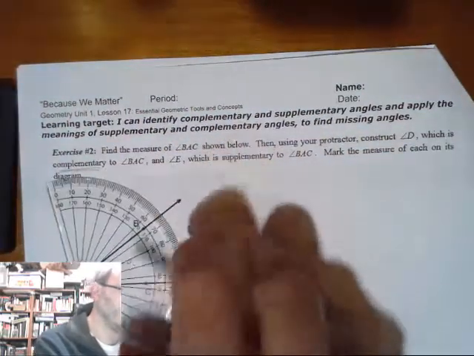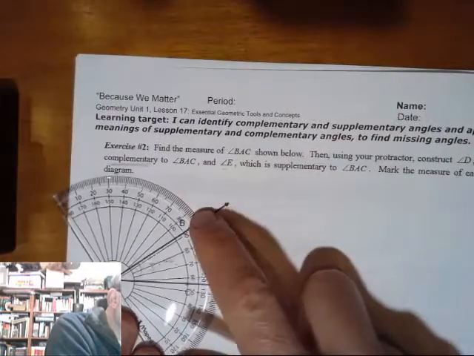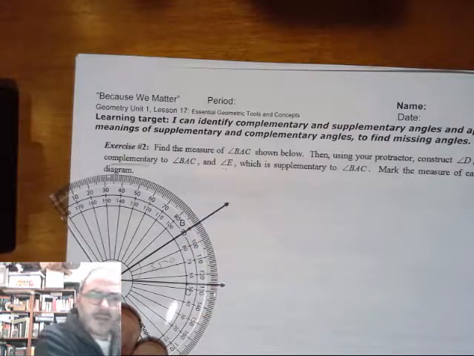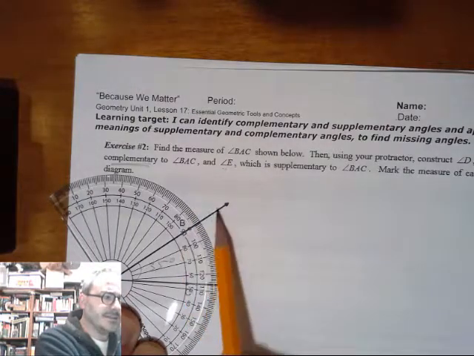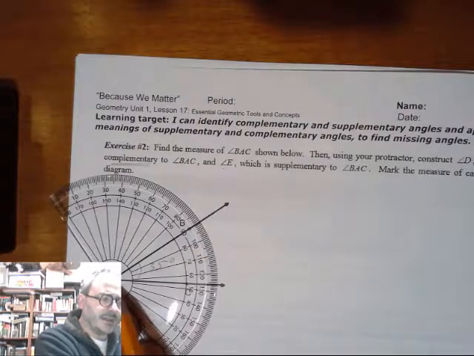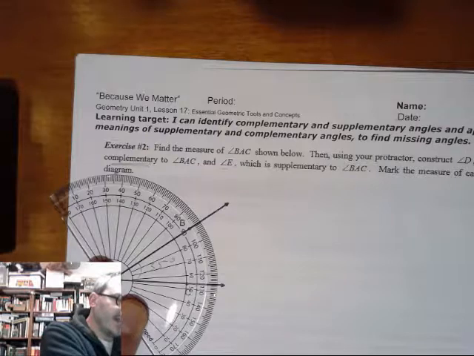And I'm going to say, okay, Mr. Angle, if you were 90 degrees, where would you end up? I put my protractor at 90, where this is going to be one end of my 90, and that's still my vertex. Where would my other point have to be to make that 90?